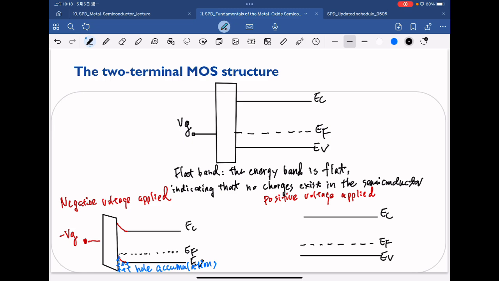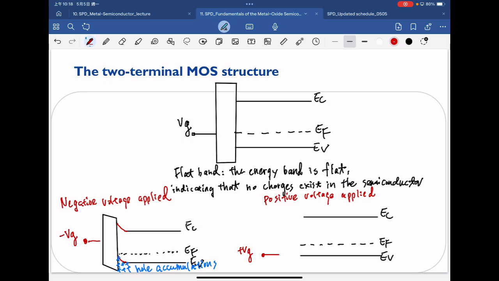But now, because we apply the positive gate bias, we will start to see our metal work function lift down, below our semiconductor Fermi energy.